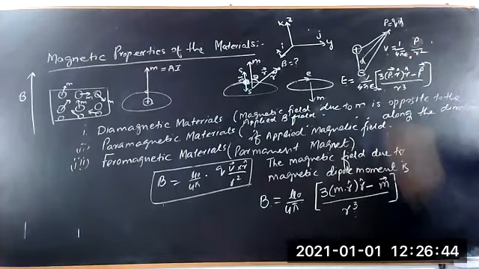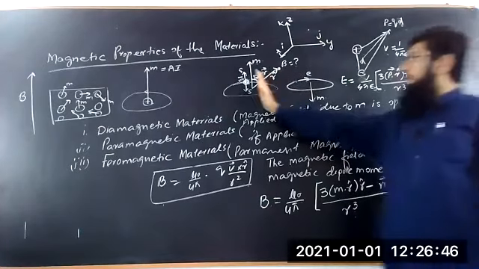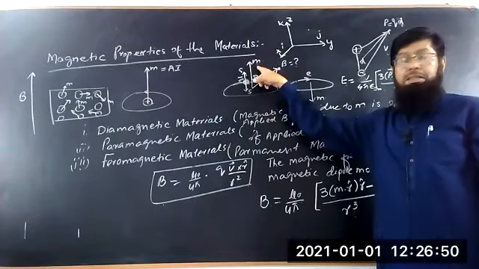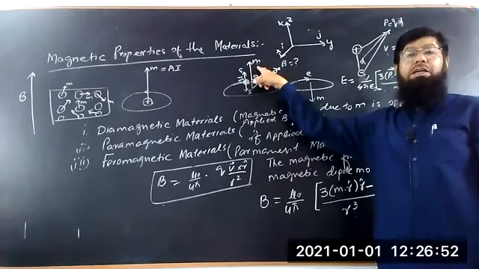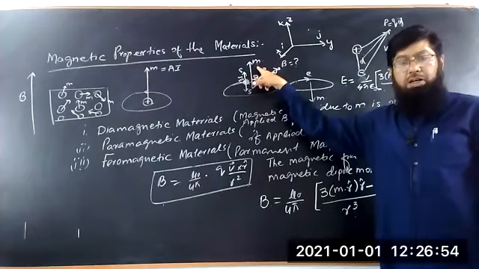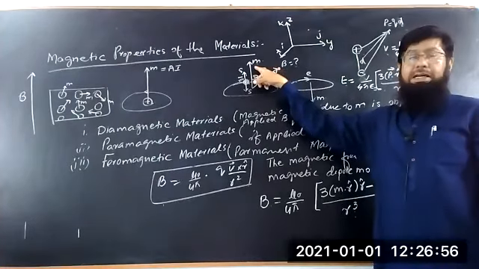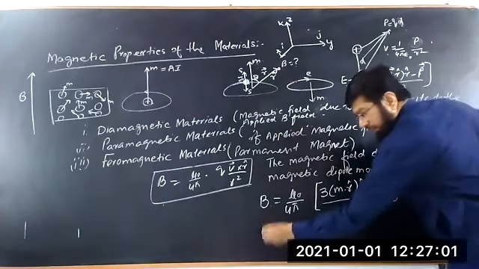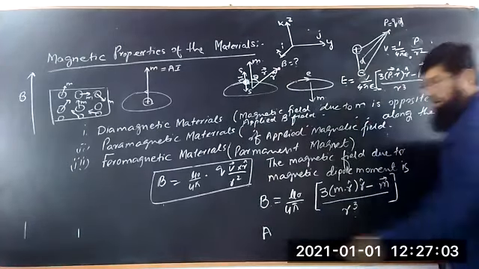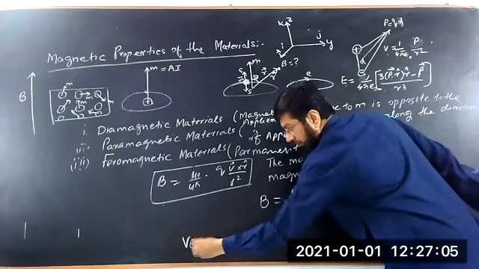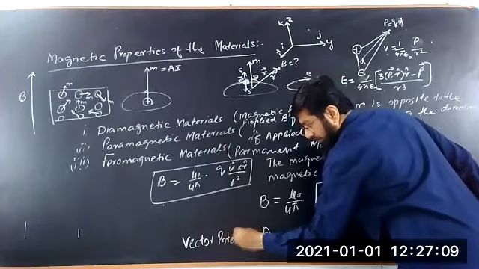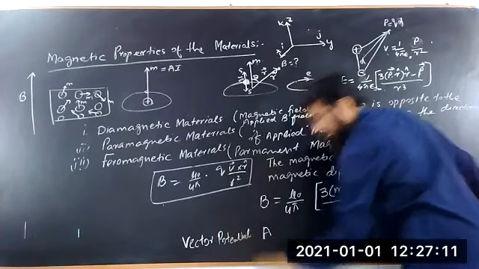In the same way, you have a magnetic dipole M. And in the same way, there is a magnetic vector potential, which is due to the magnetic dipole and can be found like that. The magnetic potential A, or we call it the vector potential, this you have discussed in chapter number 5.